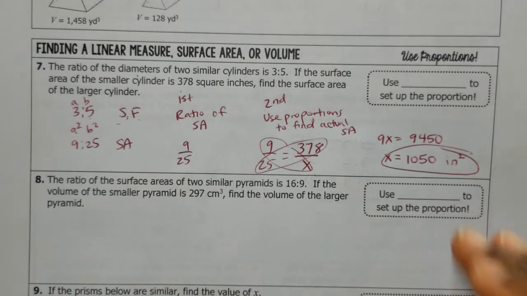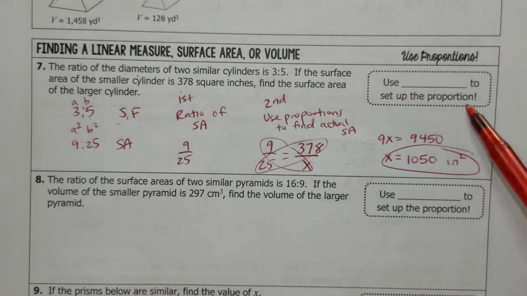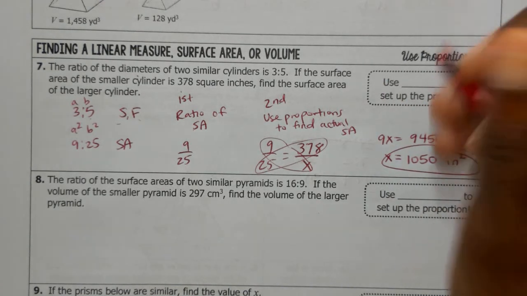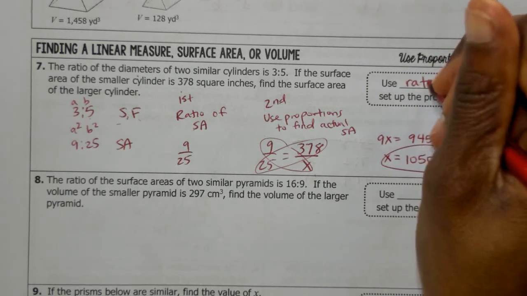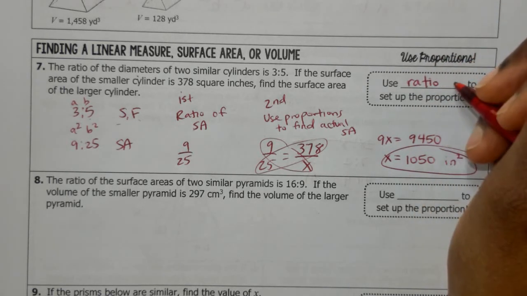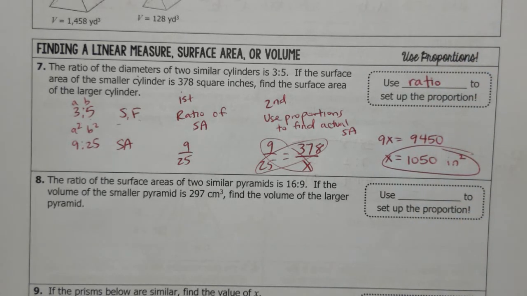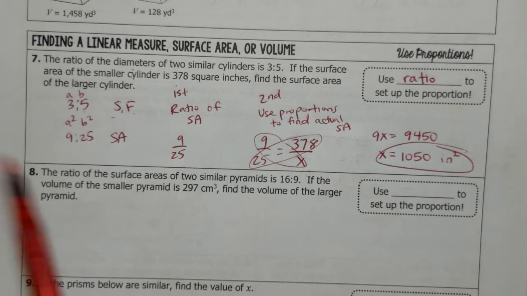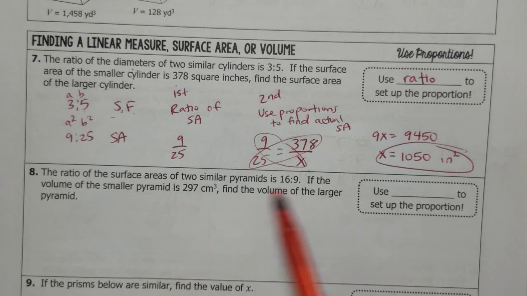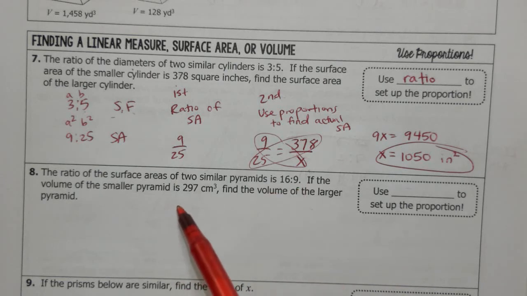So use blank to set up the proportion. Okay, use the ratios. But you don't need to keep writing that. But that's the process. So you're going to start off with two things, maybe a scale factor, and then one dimension on the actual dimension on a pyramid for volume, and you have to find the other one.